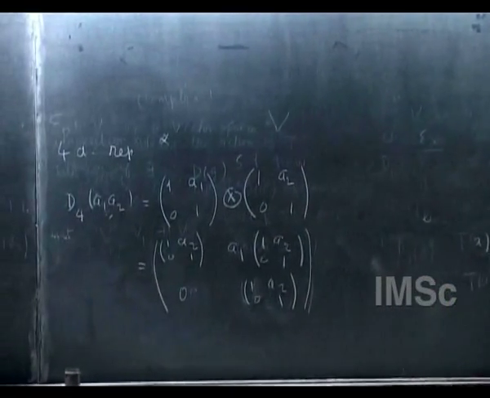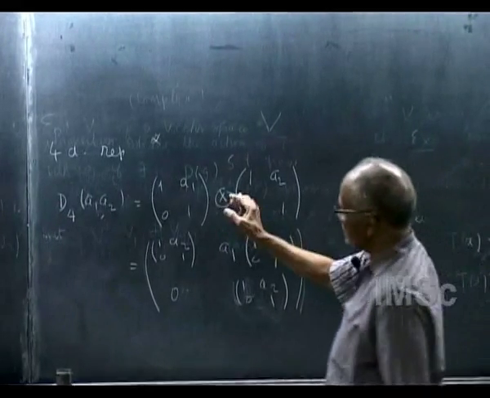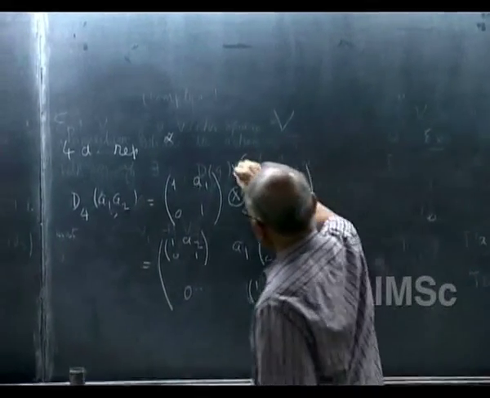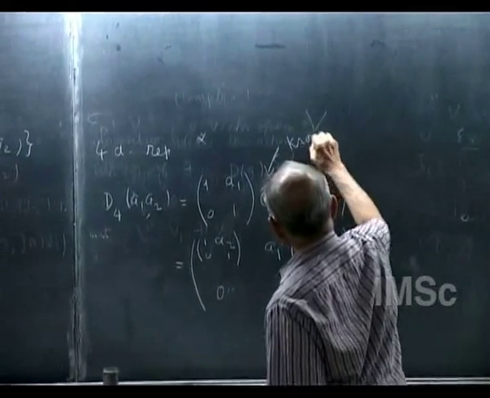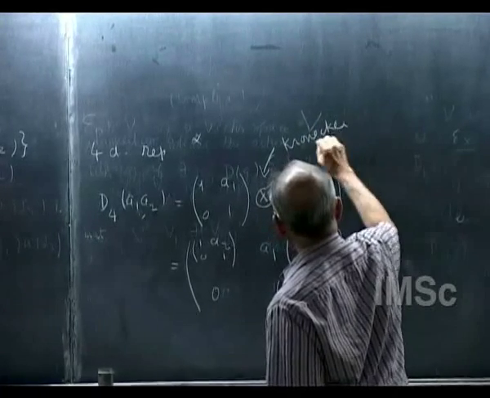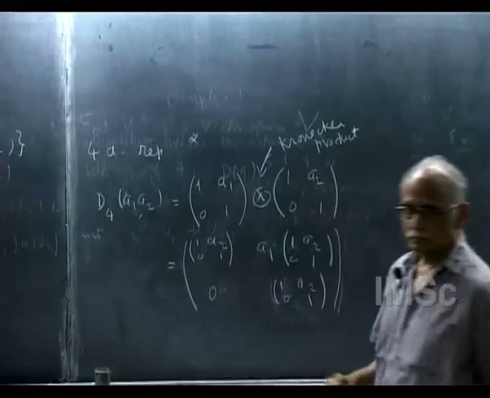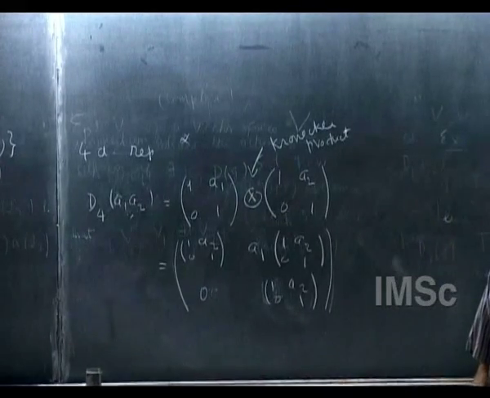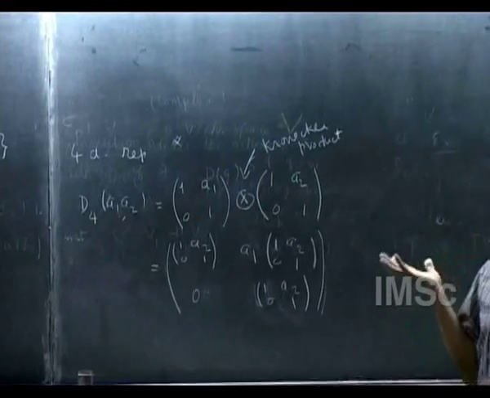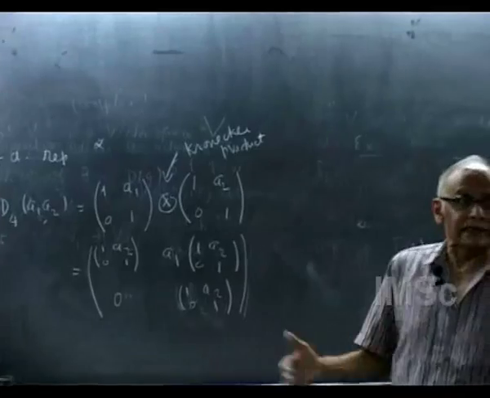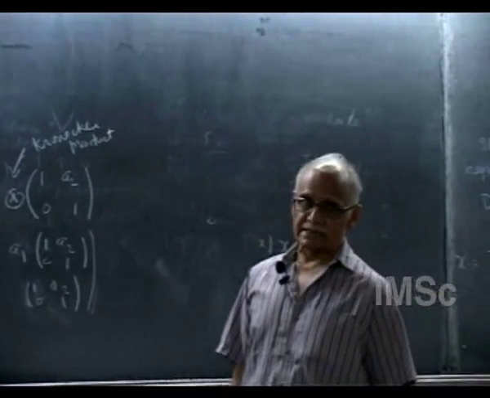So, this product is called the Kronecker product. It has a very simple meaning. In quantum mechanics we do it all the time when I consider two particle wave functions.